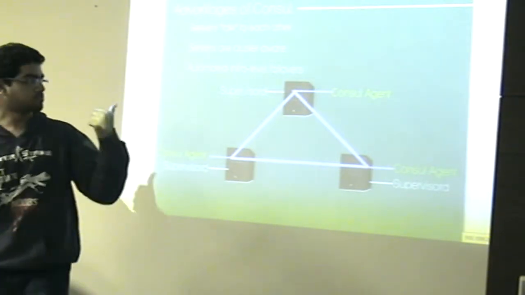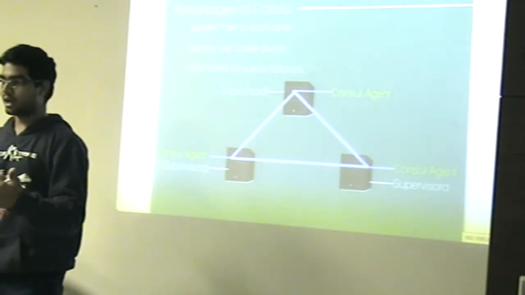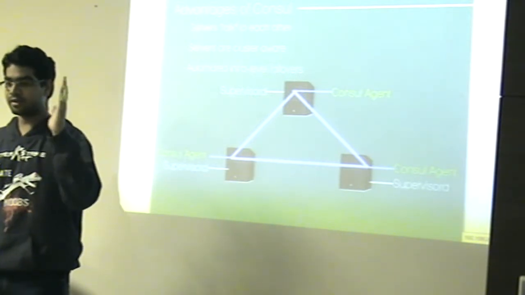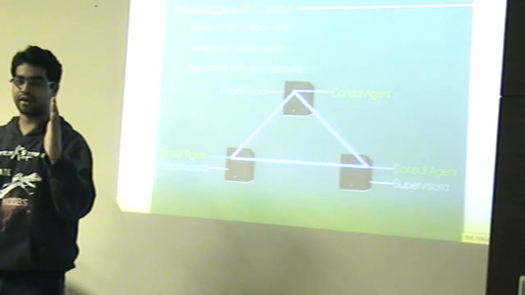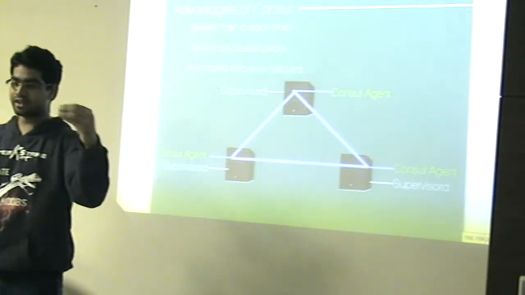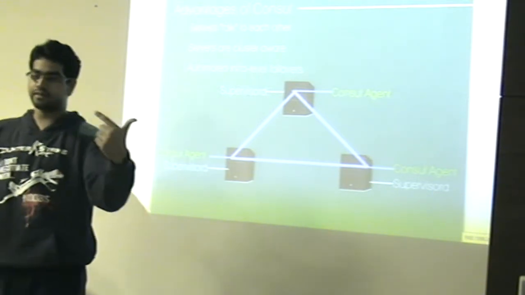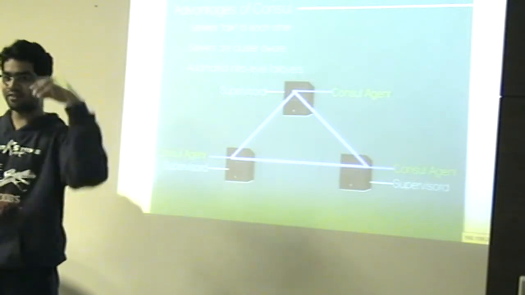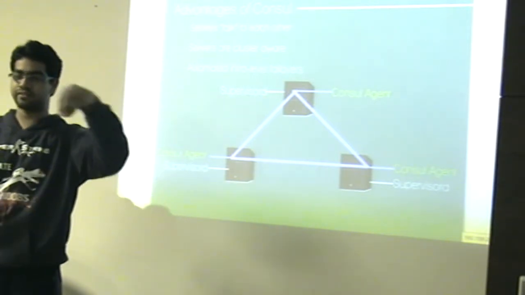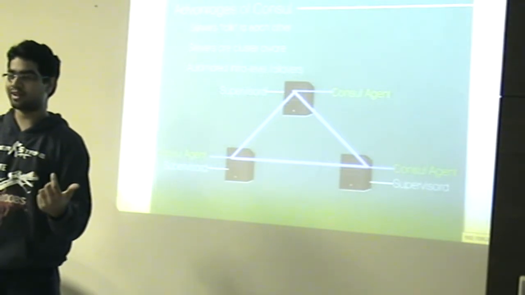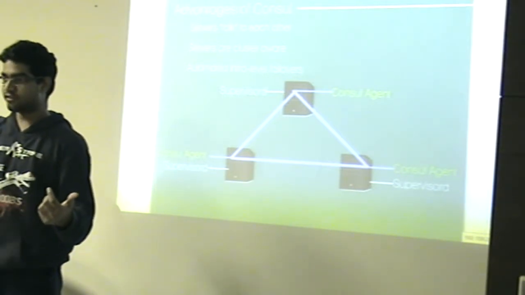With Consul, this is possible. Say master and slave are there, Consul agents are installed on them, and they are in sync with each other. They know that I'm supposed to be the slave and this box is supposed to be the master. If the master goes down and the slave is unable to detect it for about 5 minutes, the slave will take the responsibility of being the master.